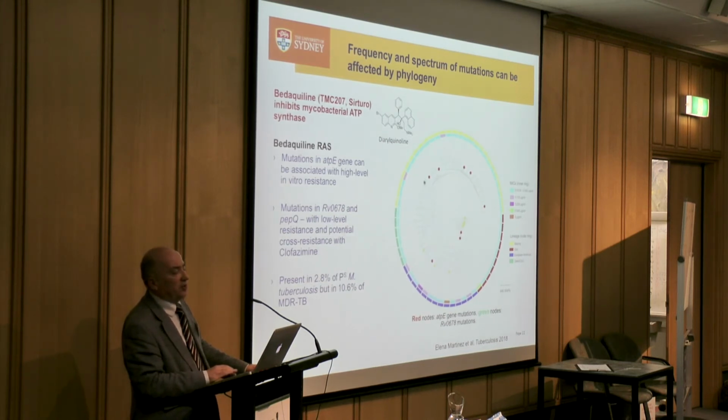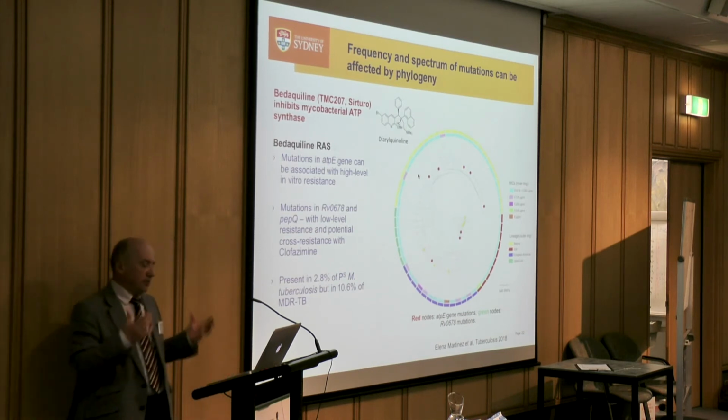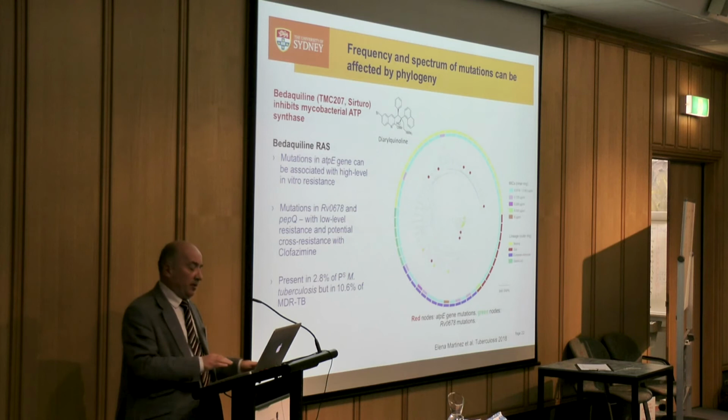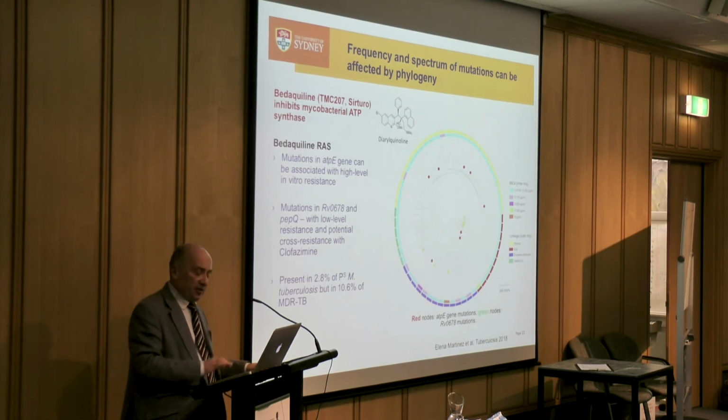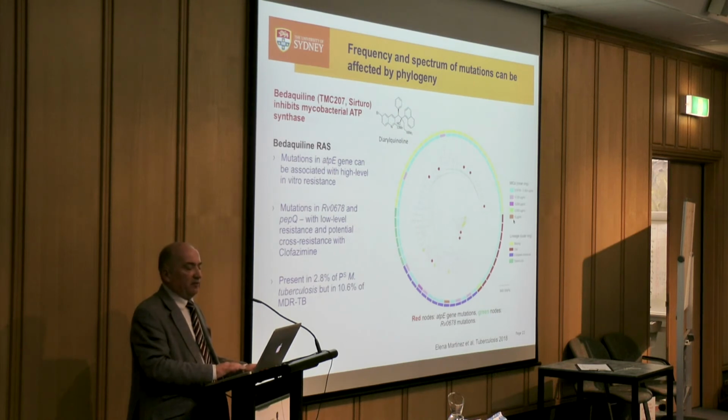You can see atpE gene high-level resistance defining mutations are primarily in Beijing isolates, and low-level resistance to bedaquiline in East African Indian and European isolates. The majority of these strains with mutations appear to be phenotypically susceptible, but we did see several isolates with elevated MIC to bedaquiline.